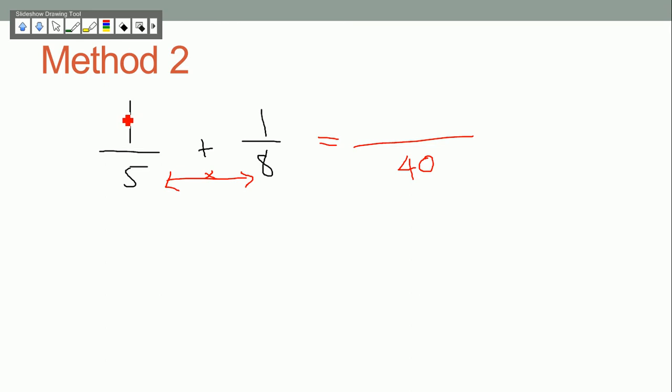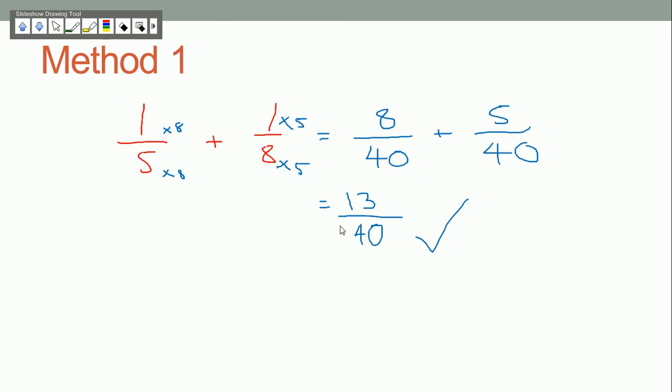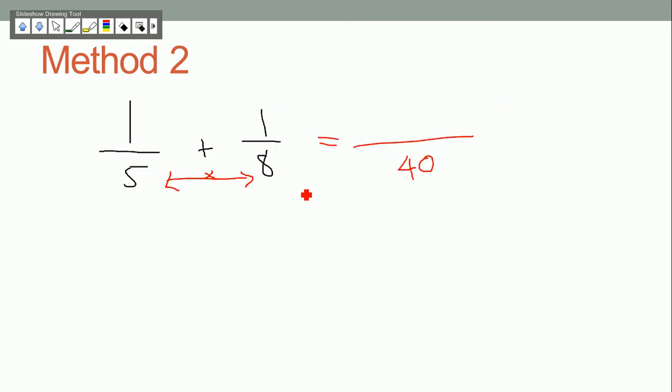You won't get the wrong answer, but when you get down to this step here, you need to make sure that you have simplified it to its absolute smallest fraction. If you haven't, you will get marked down because you haven't simplified it. So yes, method 2 will require you in some cases to do an extra step, but if you learn how to do it, it can't go wrong.